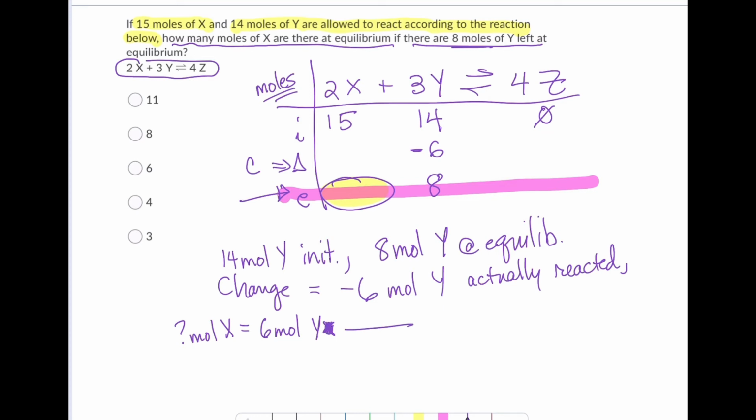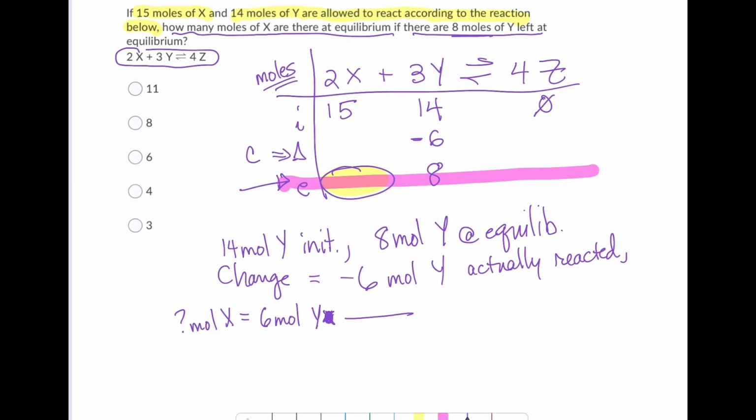Let me make that multiplication a dot symbol so that I don't confuse it with my X. I need moles of Y on the bottom, moles of X on top, and the numbers that I put here are the mole-to-mole stoichiometry from the reaction. So there are 2 moles of X for every 3 moles of Y that react. 6 times 2 is 12, divided by 3 is 4 moles of X will react in that case.